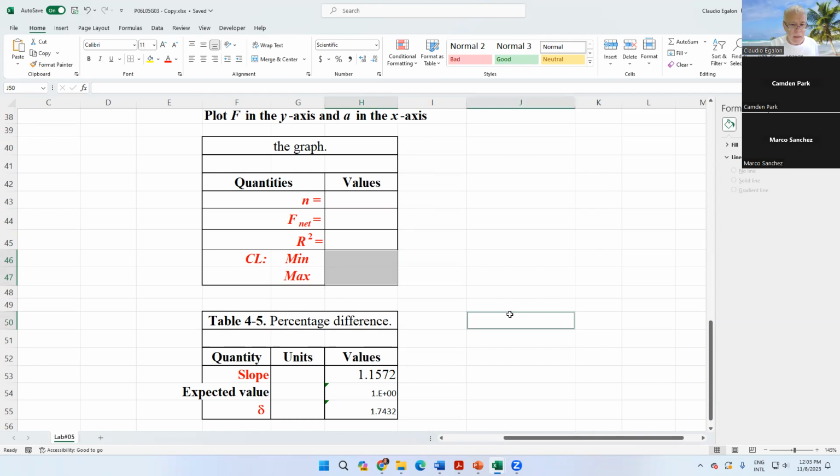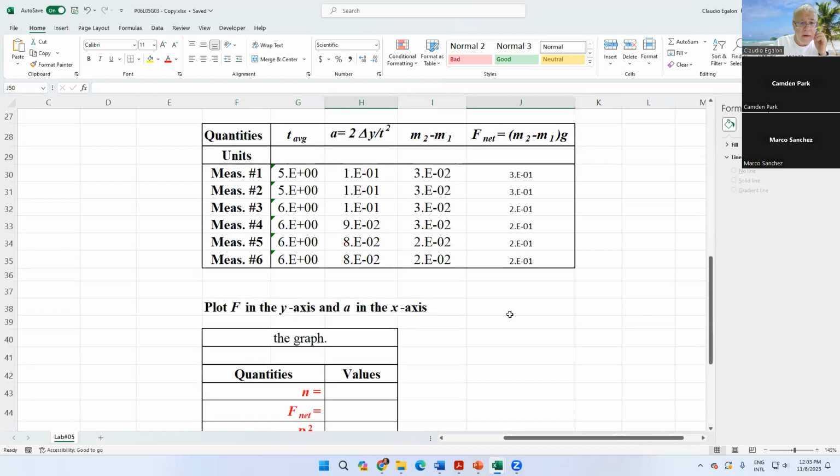How about the slope? Okay, what's the slope that you got for your graph? I got acceleration versus force. What is the slope that you got for your graph?